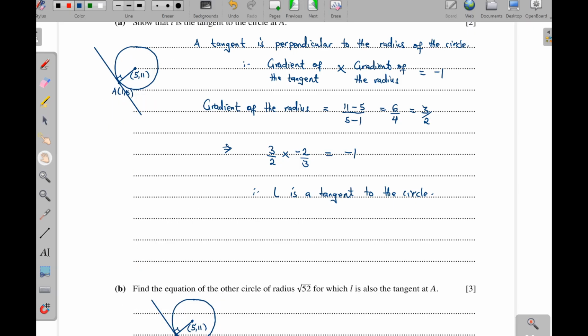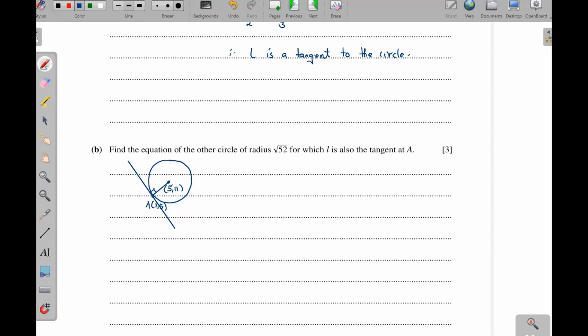They have said the equation of the circle for which this L here is also tangent. That other circle also has to be there.